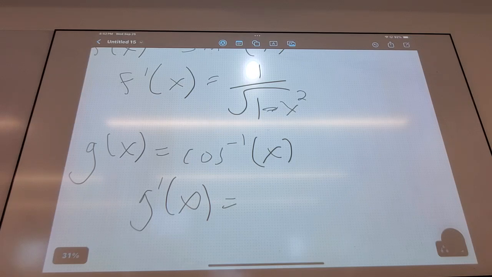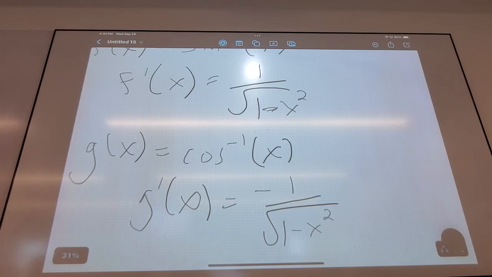Negative 1 over the square root of 1 minus x squared. Yeah, that's the derivative for inverse cosine. We know the derivative for inverse tangent is 1 over 1 plus x squared. So what do you think the derivative of inverse cotangent is? Negative 1 over 1 plus x squared. So the same rule about the co-functions' derivatives being negative holds even for the inverses. That's kind of nice.